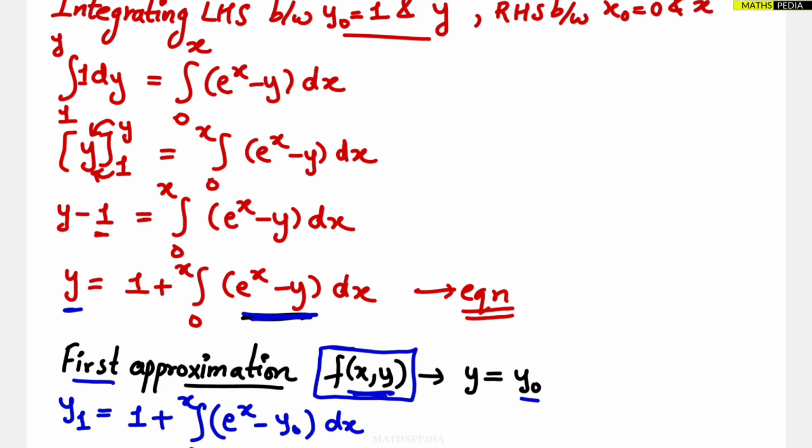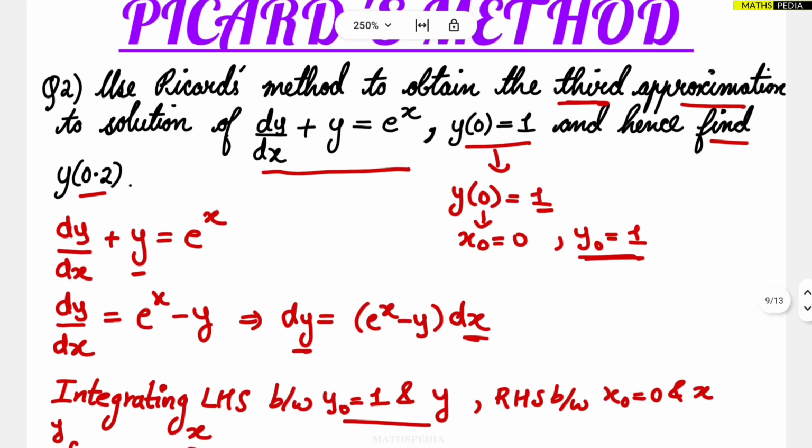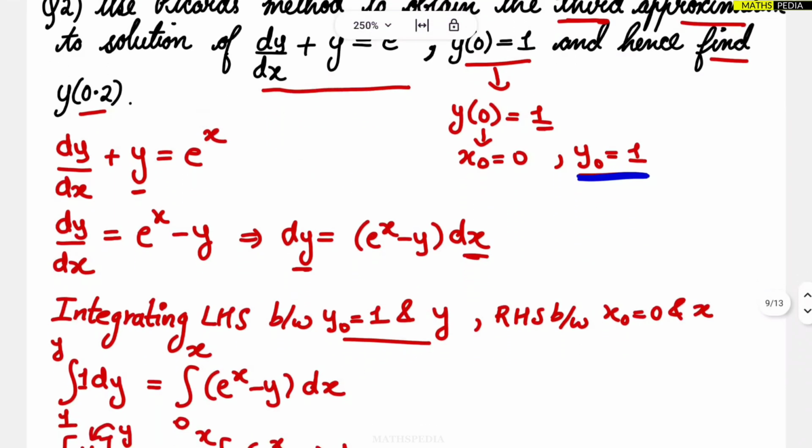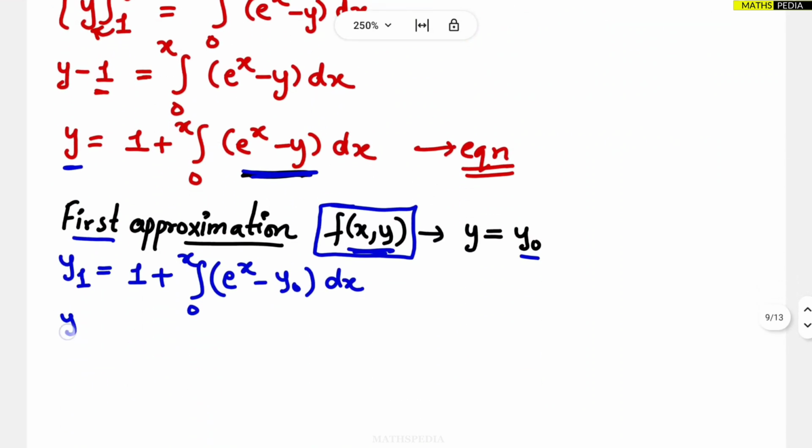Now what is the y naught value? We know that it is given in the question itself. We substituted it, right? So the y naught value is nothing but 1. So I am going to substitute here the y naught value as 1.